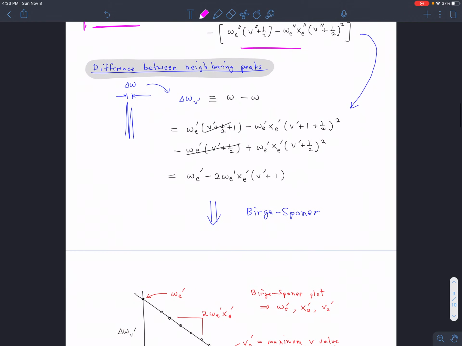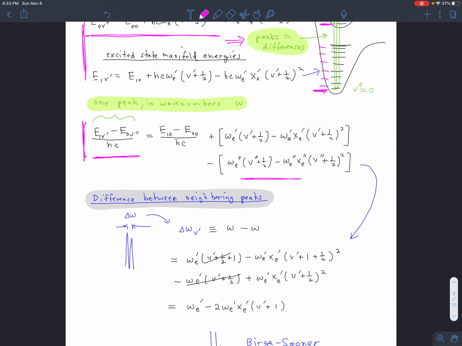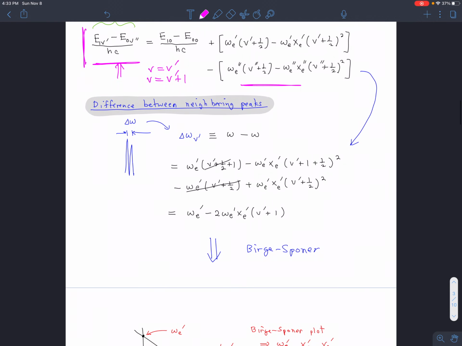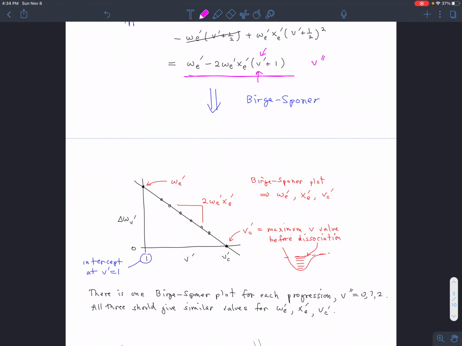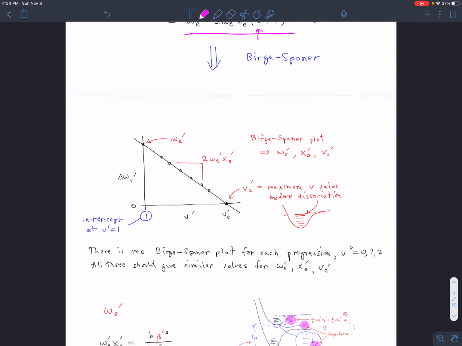And that expression, when you take those differences, basically the difference between this one for V equals some value, and the other one for the value incremented by 1, then you get a delta V value, and that is something that's pretty simple. It doesn't even depend on the ground state value of V. It doesn't depend on V double prime. It only depends on V prime. It's linearly related to V prime, and it leads to the Birge-Sponer plot that we talked about last time.